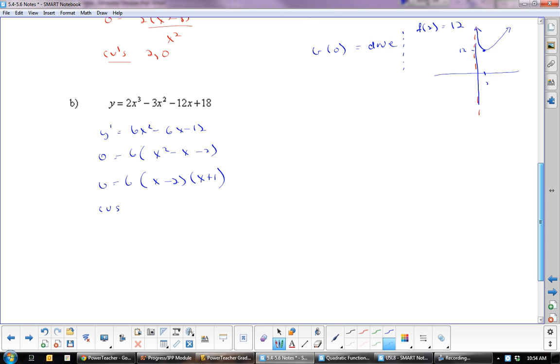CVs are 2 and negative 1. So y double prime equals 12x minus 6.